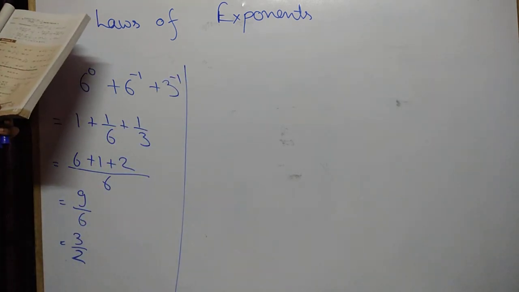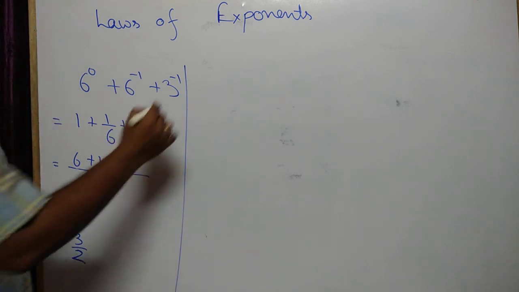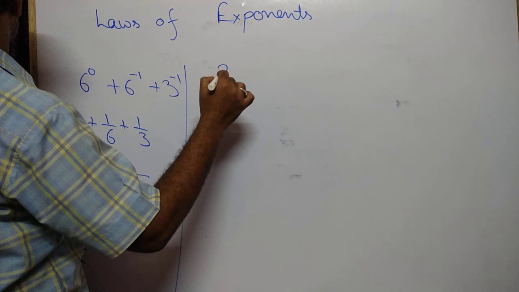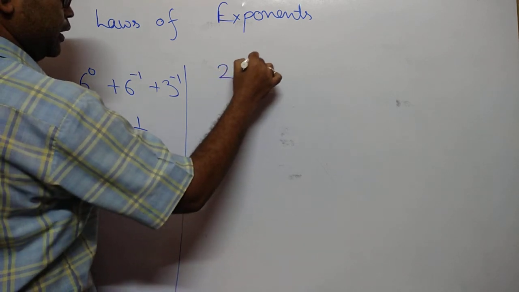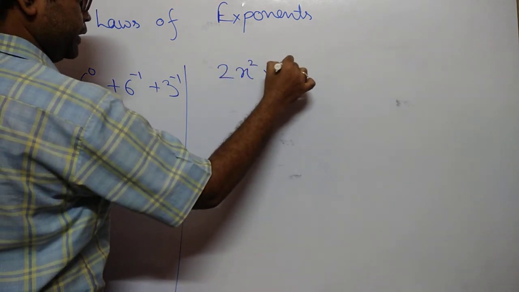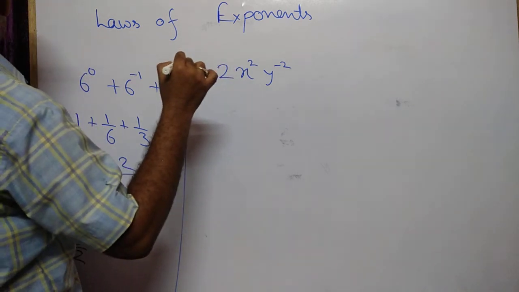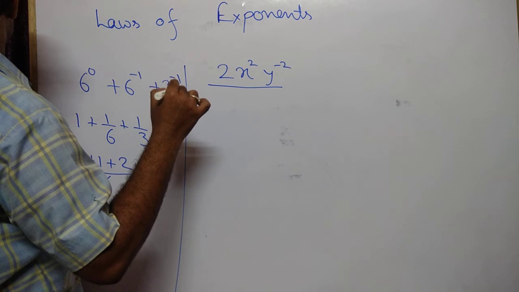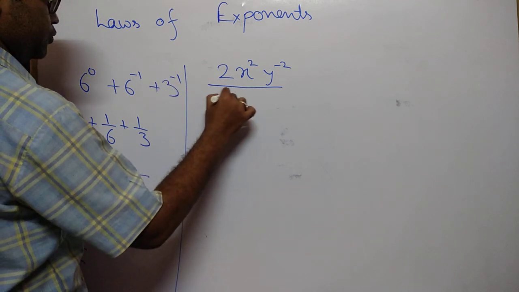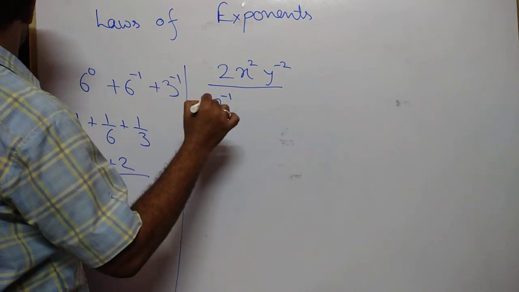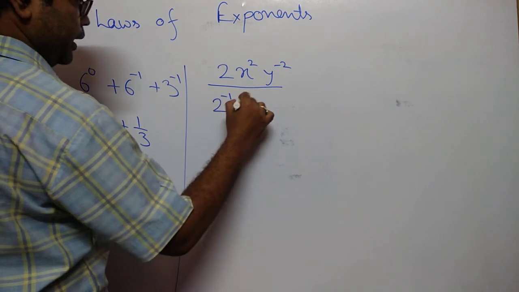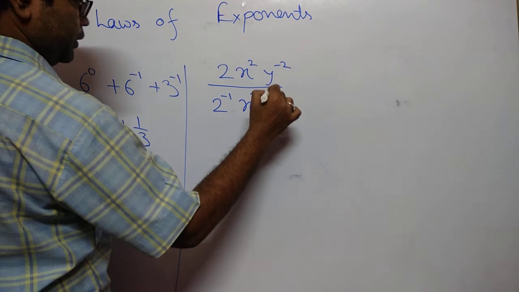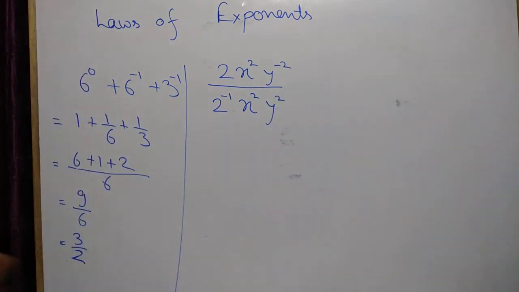It is given to you: 2x squared y to the power minus 2, over 2 to the power minus 1 x to the power 2 and y to the power 2. This is your problem. How do we solve it?